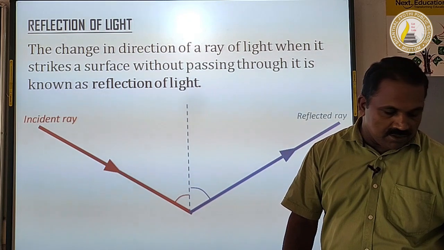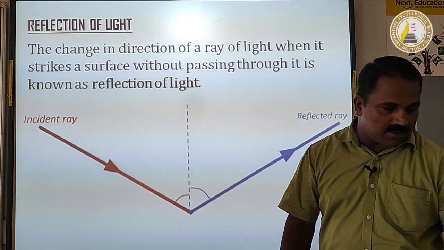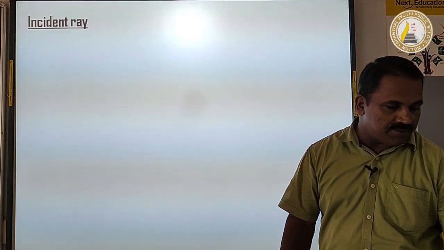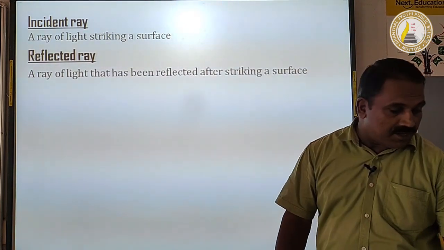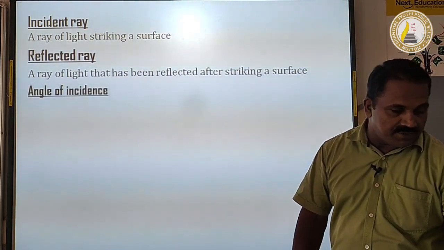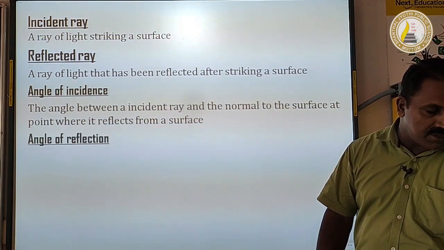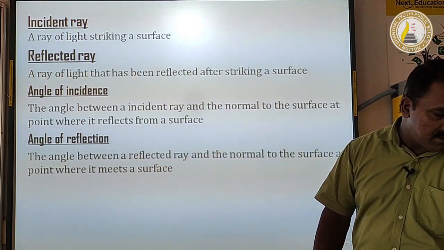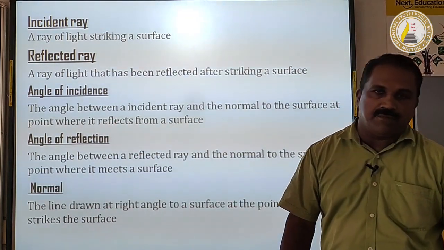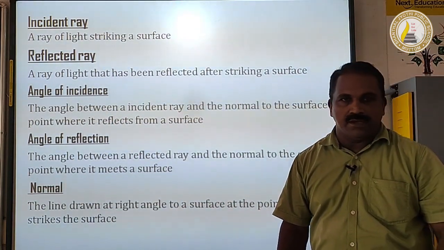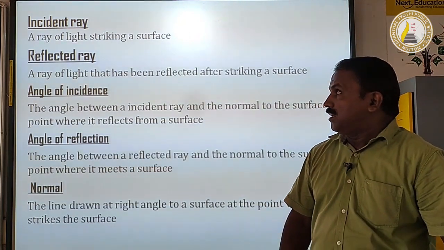So we already studied this in the light chapter, so we can revise once more. Incident ray, reflected ray, angle of incidence, angle of reflection, normal. These are the different terms related to reflection of light in a plane mirror.